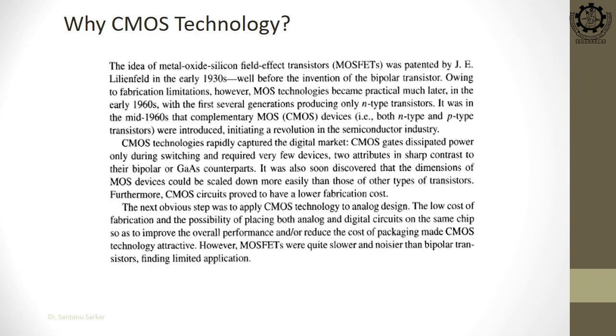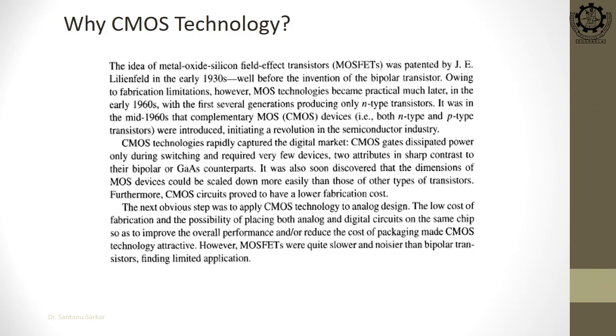And this is why CMOS technology is preferred. So, I hope you all know the certain reasons. Can you tell me why CMOS is so popular? Power dissipation, static power dissipation is quite less, that we discussed, and also packing density is quite high. Okay.